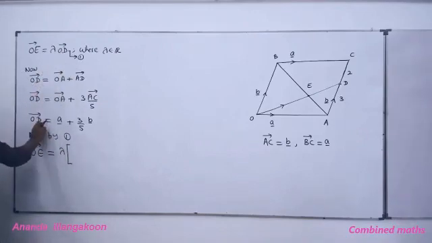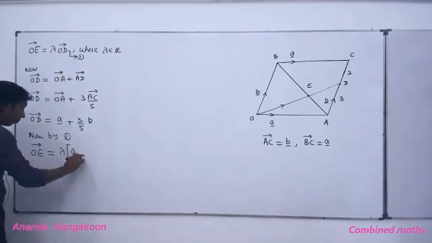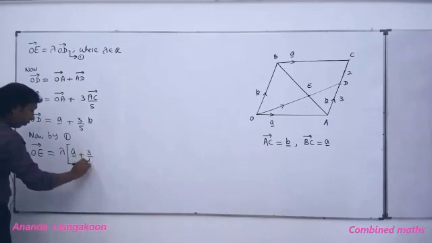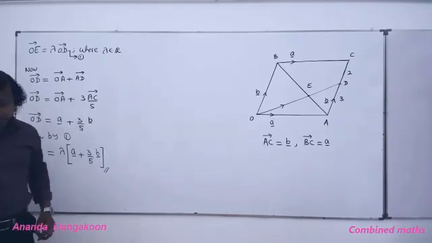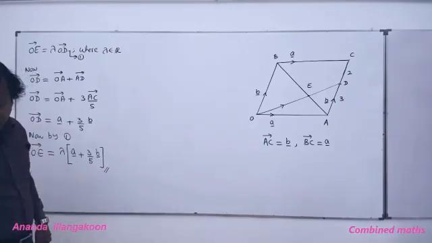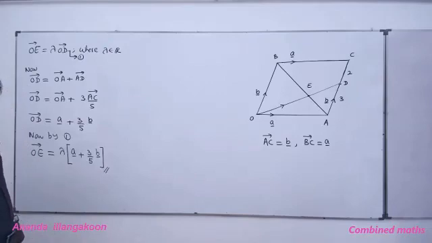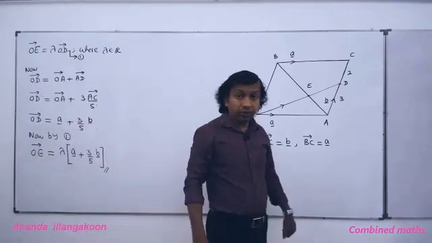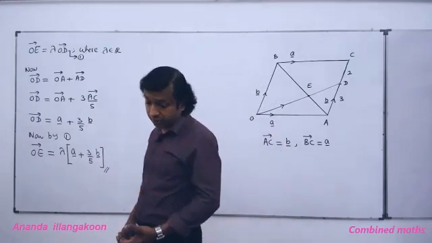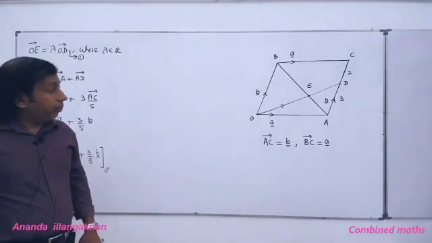OD is this now: A plus 3 by 5 times vector B. See here we get the first answer. OE vector is equal to lambda times A plus 3 upon 5 times B vector. That is the first answer.